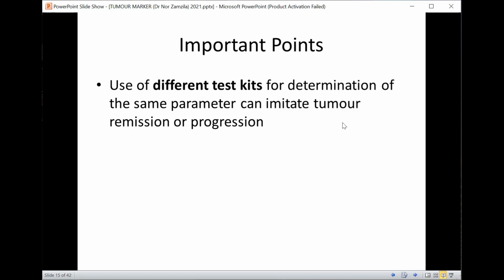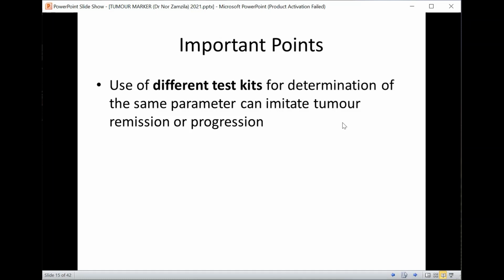When you see the patient at another hospital that is using a different method of measuring the tumor marker, you cannot compare the results between the two hospitals. So if you want to monitor your patient, you must take this baseline of tumor marker from this hospital, then follow up the patient and do the tumor marker test at the same hospital, using the same analyzer. Then only you can compare.